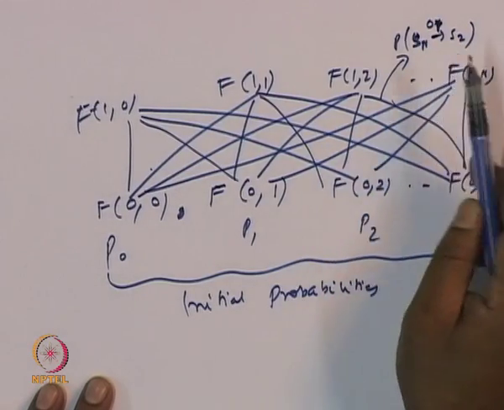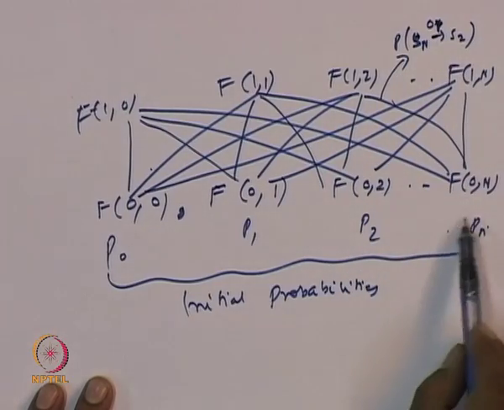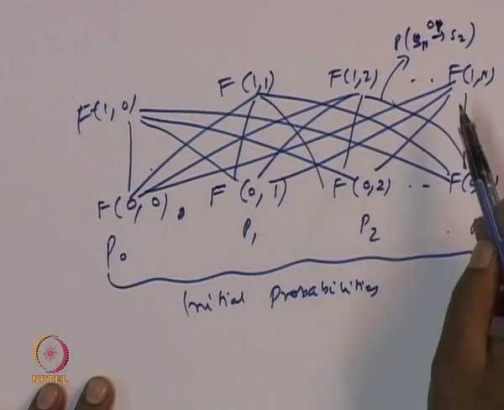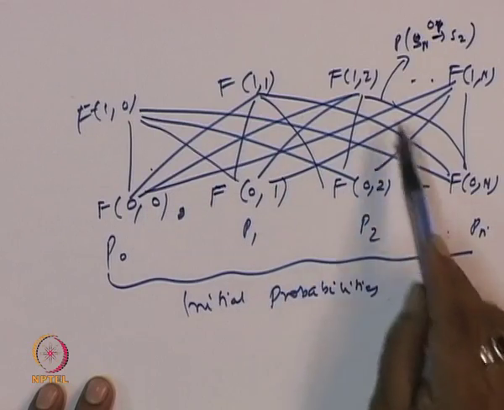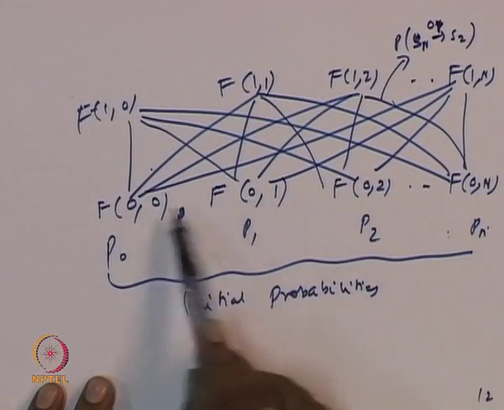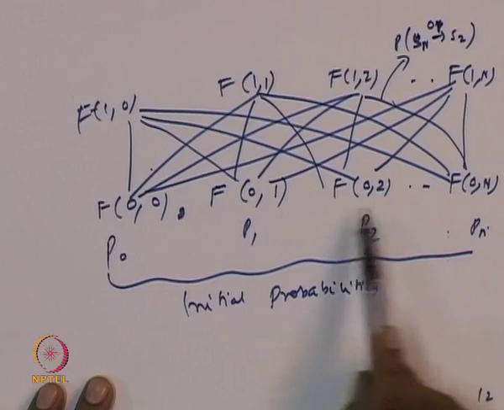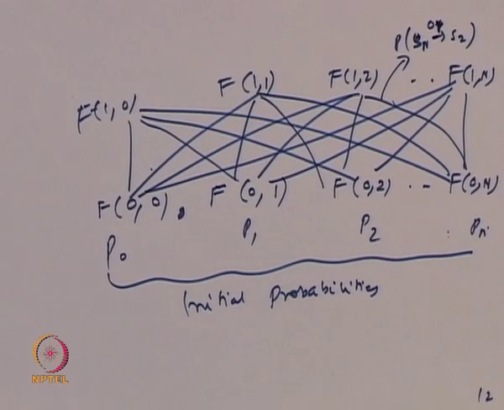So, this probability is known, these probability values are also known. We multiply them, and at each node we perform a sum of these lower probability values. So, therefore, it is quite easy to see that forward probability can be computed in linear time.